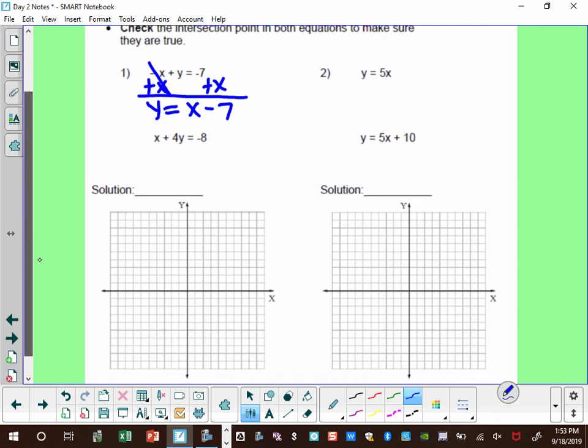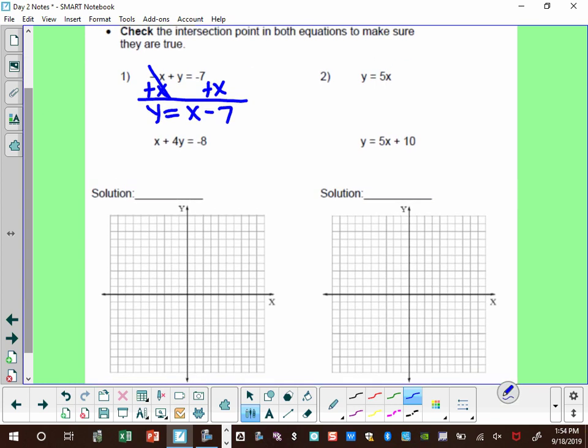Let's go ahead and graph that line. X minus 7, what is my y-intercept there? Negative 7. So let's go down to negative 7: 1, 2, 3, 4, 5, 6, 7. And my slope is 1, so I go up 1 over 1.